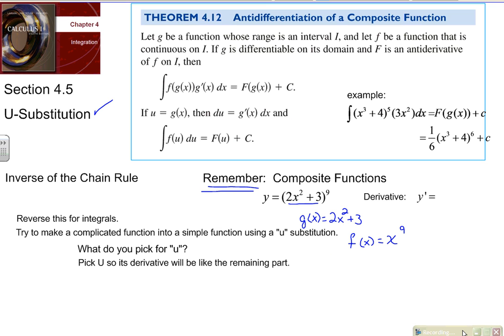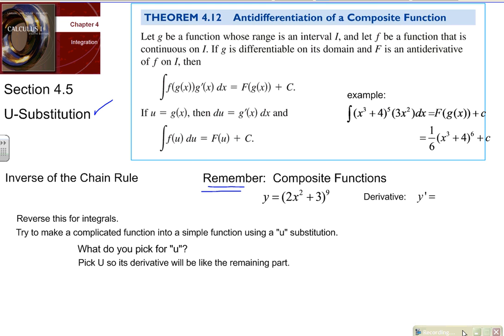And then I could build this function y equals 2x squared plus 3 quantity raised to the 9th power by looking at it as a composite of two functions where g of x gets inserted into the f function. So g goes into f, and that would give me that 2x squared plus 3 raised to the 9th. So that's a composite function built of more than one function.